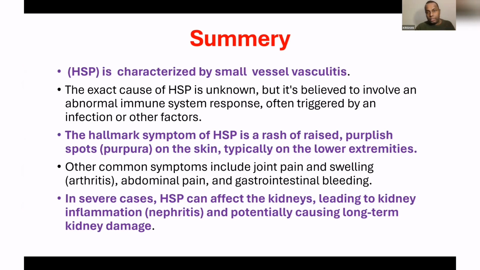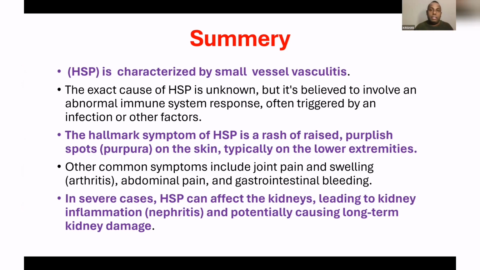Summary: HSP is characterized by small vessel vasculitis and the exact pathophysiology is not known. However, there is a possibility that this could be triggered by certain infections like Mycoplasma and streptococci.